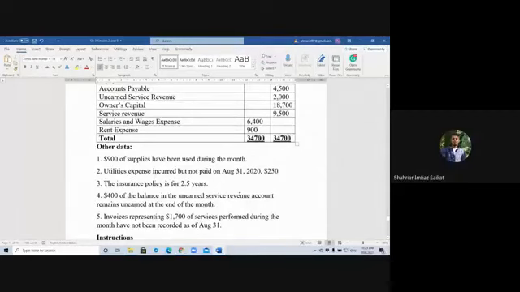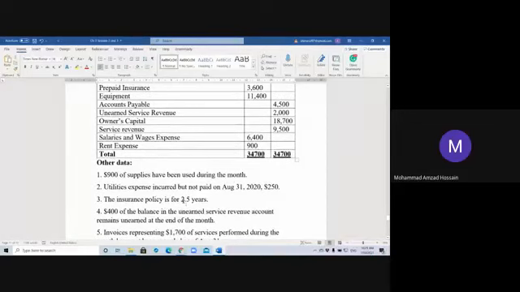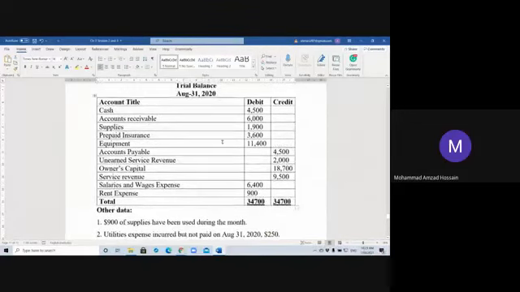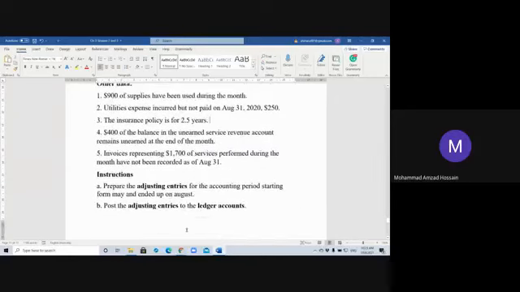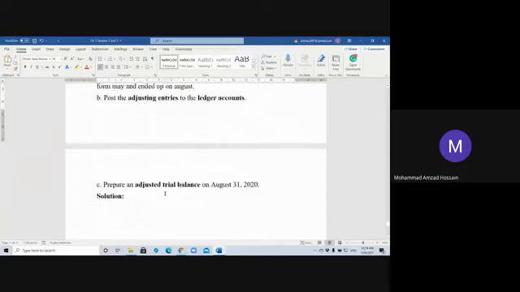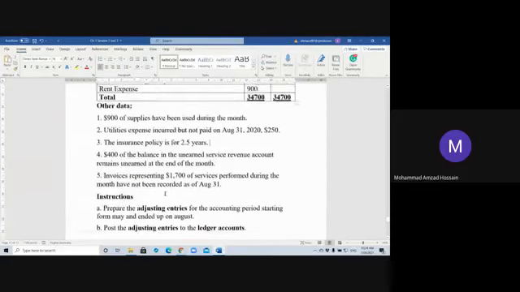Insurance policy has been purchased for 2.5 years, for 3600 taka. This is for two and a half years, so 3600 divided by how many months? 2.5 years is 30 months. 3600 divided by 30, into the accounting period of 4 months, so it will be 4 months in length.